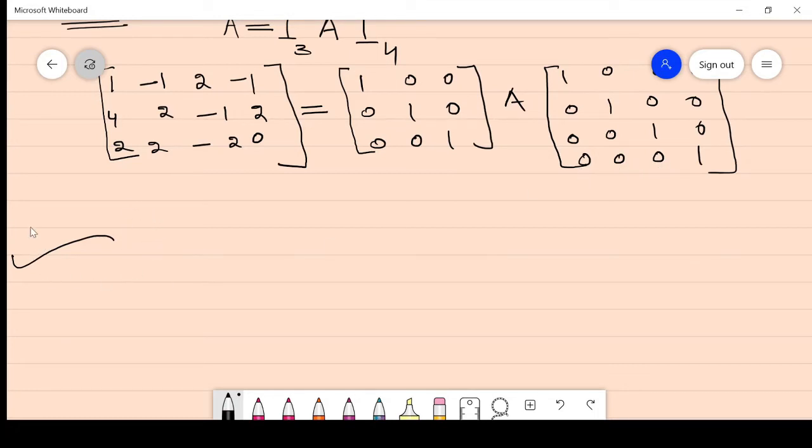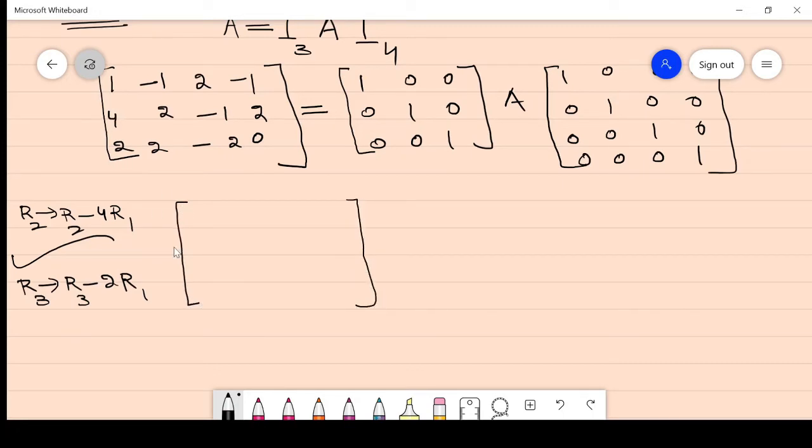Now this is R2 equal to R2 minus 4R1, and R3 equal to R3 minus 2R1, in order to make these two terms 0.